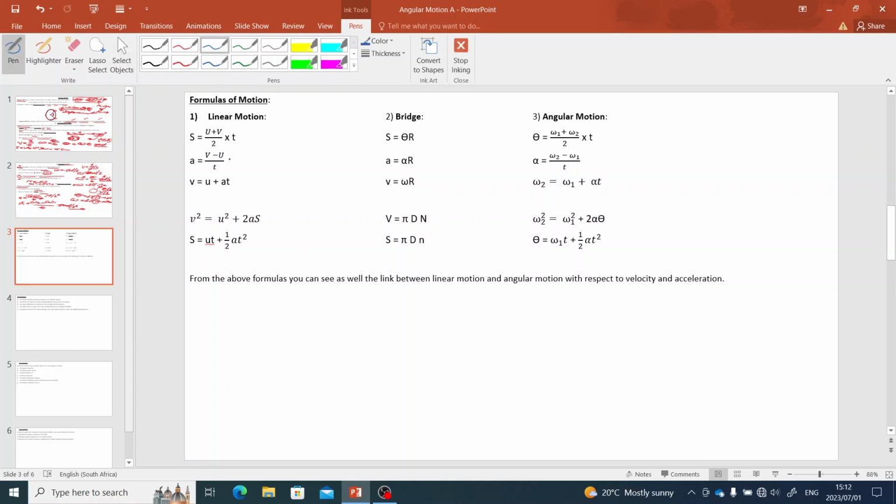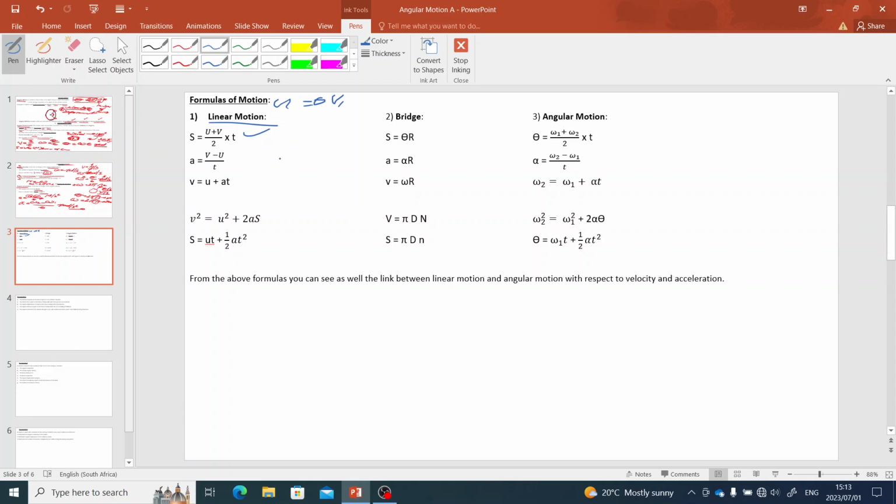I'm having three sets of formulas. I'm having the linear motion ones, the ones that occur on the straight line. These ones, we know them. We know this formula: S, displacement, equals initial velocity, sometimes denoted as U, or in other books denoted as V1, to indicate that it is your initial velocity.